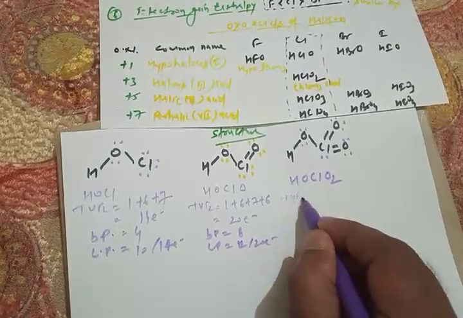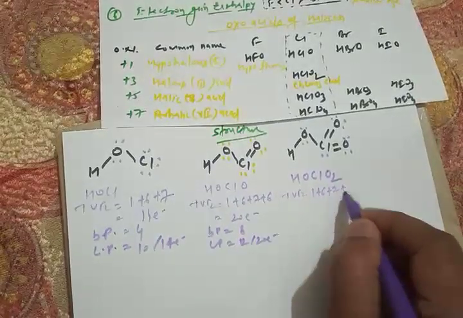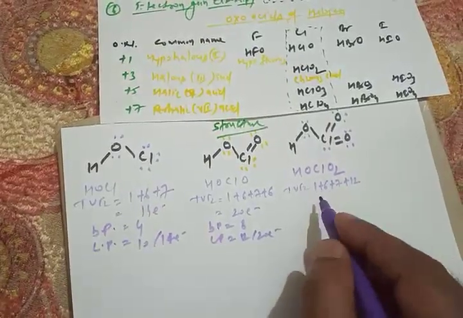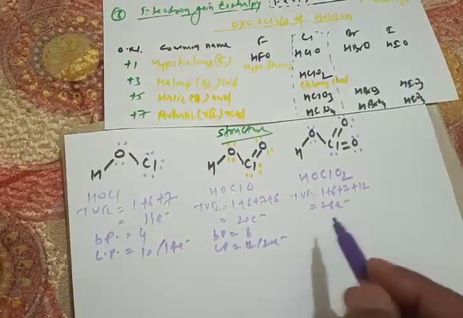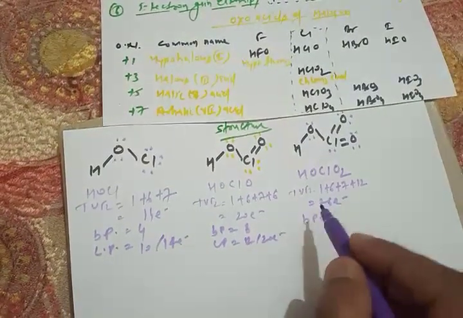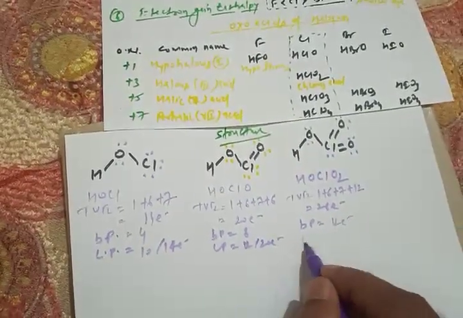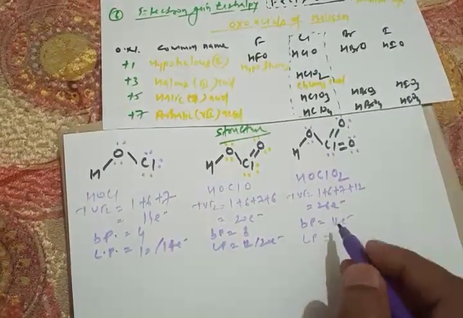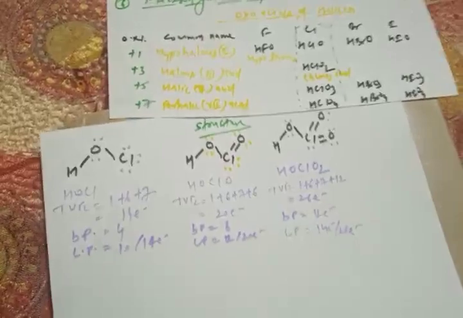We will calculate the total valence electrons in this case: 1 plus 6 plus 7 plus 12, so total will be 26 electrons. In the 26 electrons, total bond pair electrons is 12, and lone pairs 4, 4, 4, that is 12 and 14. So again this structure is correct because the lone pair and bond pair combination is correct.